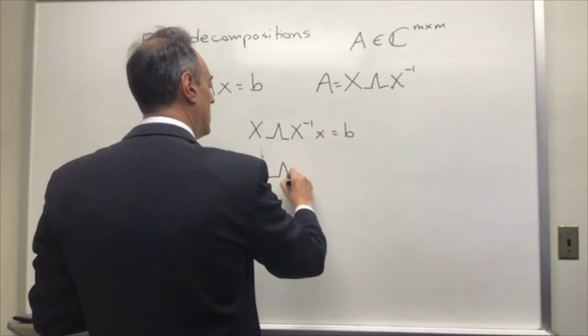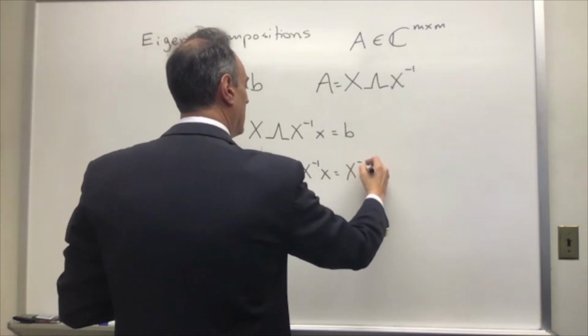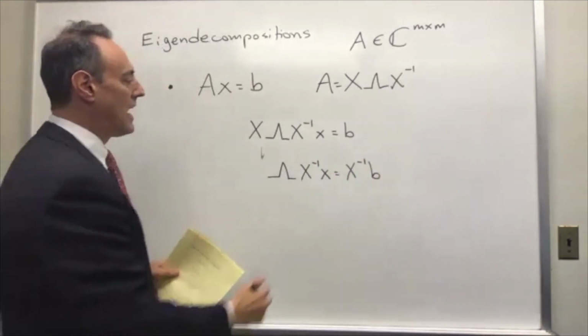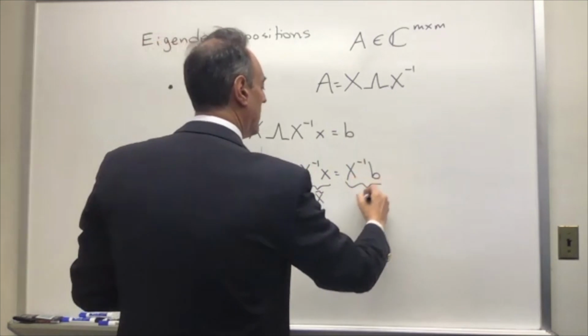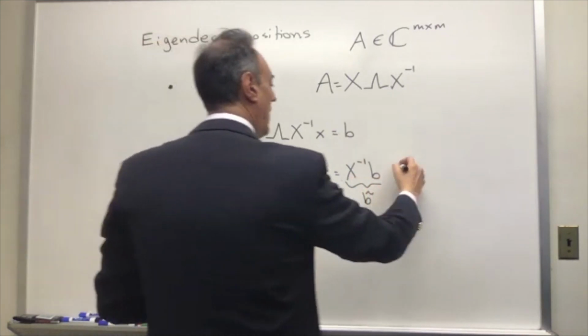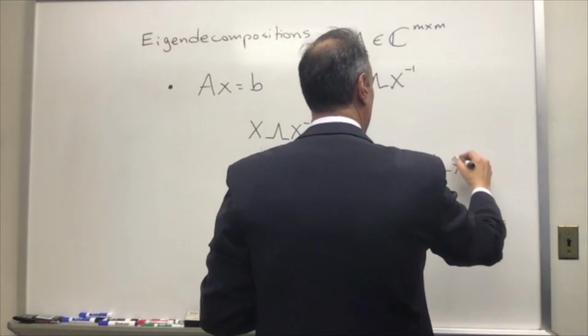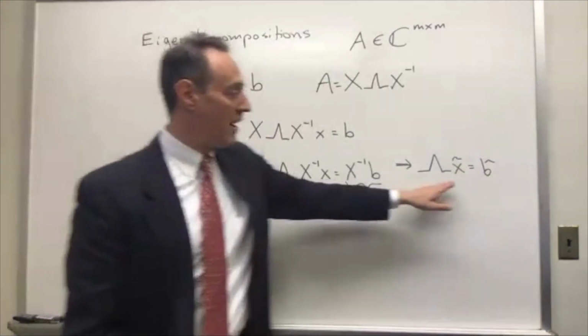So you can now define this to be X tilde, this to be B tilde, and then your problem that you're solving is an Ax equal to B problem right there in these new variables.